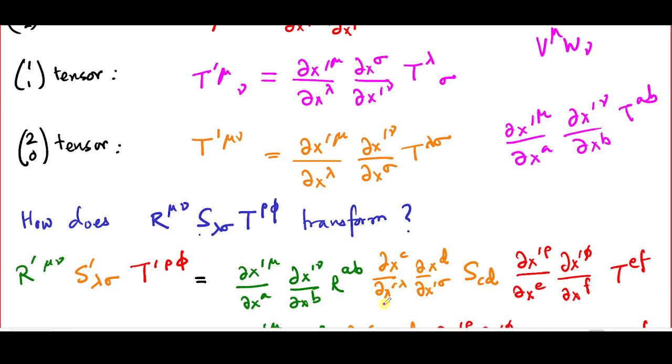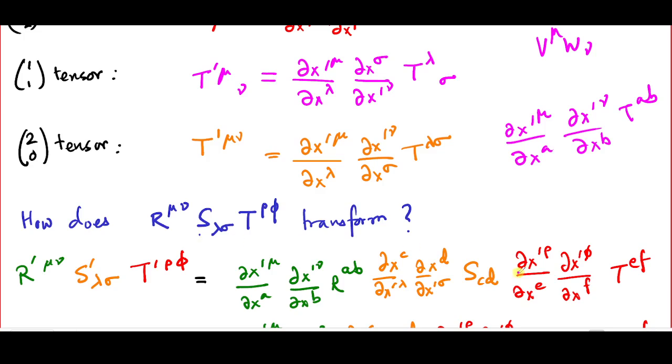So del x prime lambda del x prime sigma over del x c and del x d respectively, S_cd. Here I am mixing deliberately the Greek and the Latin indices simply to ensure that we do not have any conflict of two different dummy indices matching by accident.